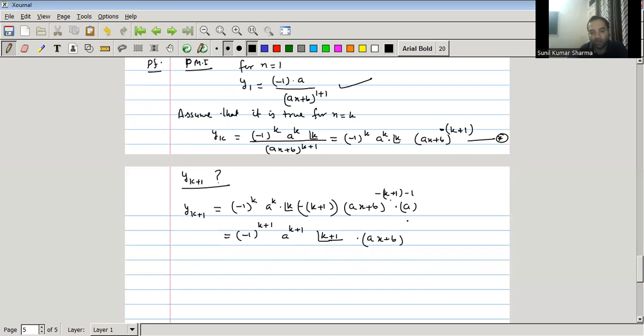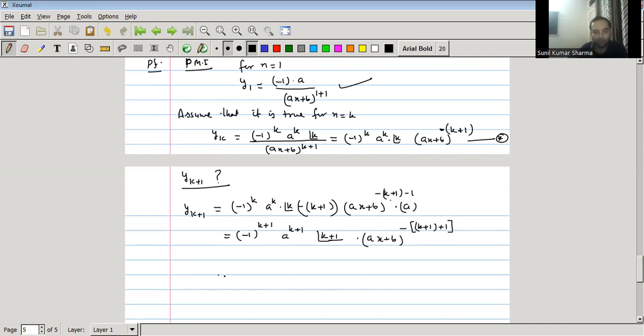So we can write this as, because for yk you get it is minus ax plus b to the power k plus 1. So we can write this as minus, you can take minus common. So it is k plus 1 plus 1.